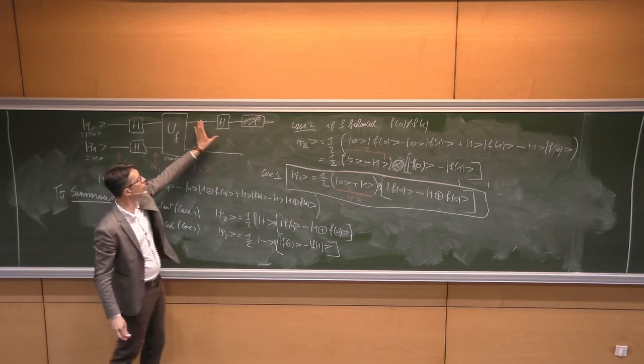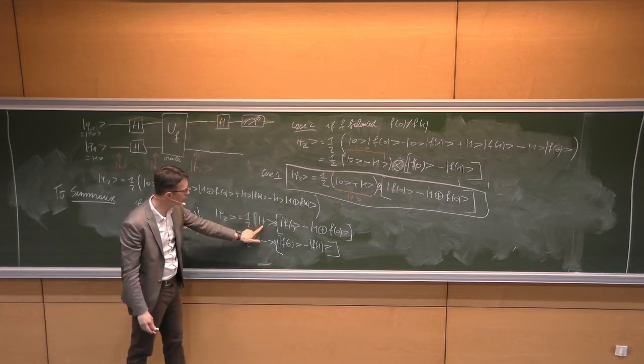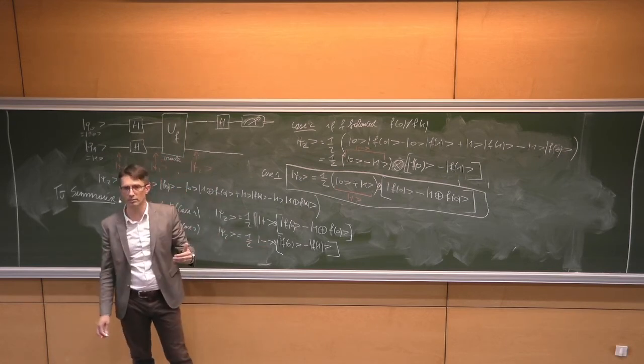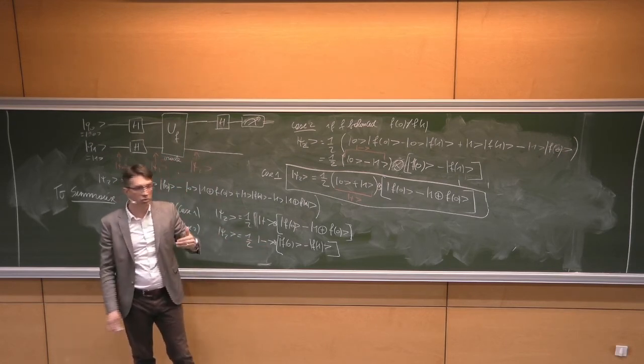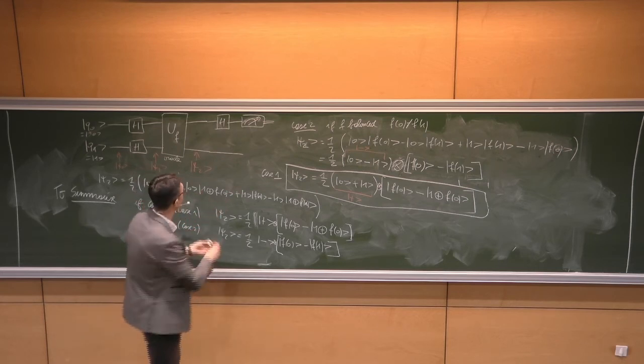If I do a Hadamard gate, that means I retransform plus and minus into a 0 or 1. So that would be what is called here psi 3.